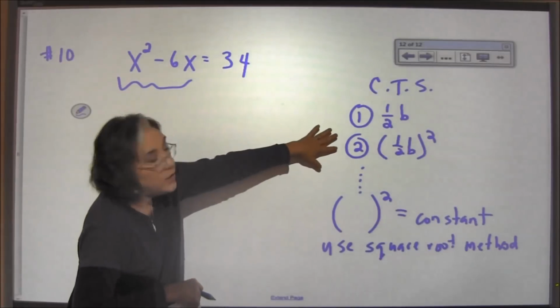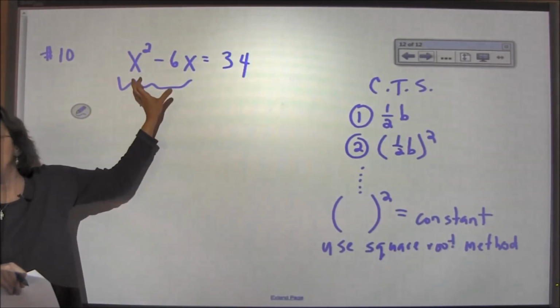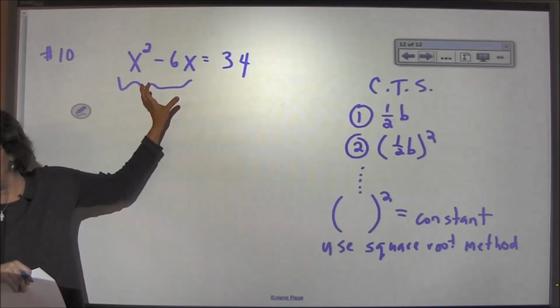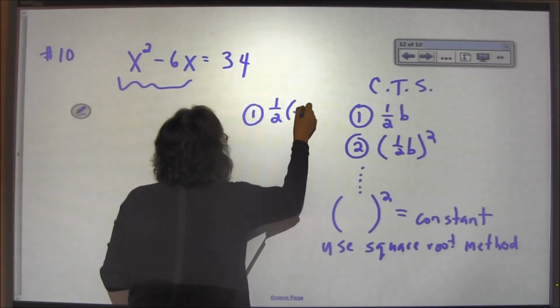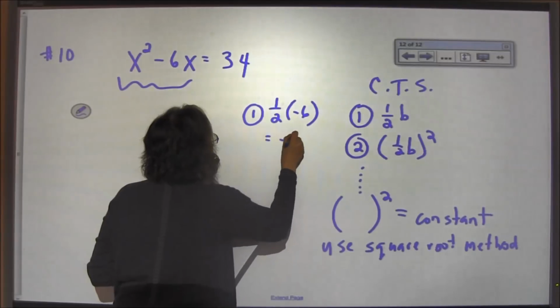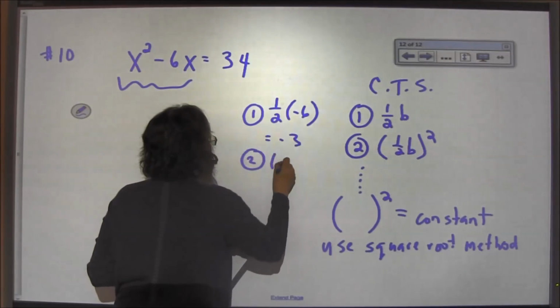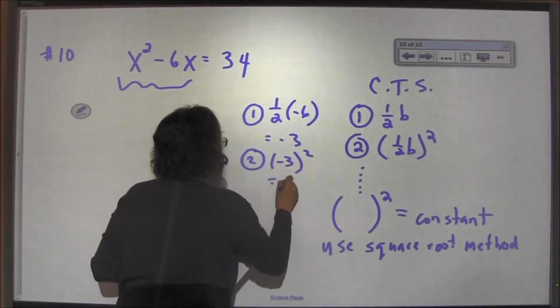Okay, so now we're going to turn this into a perfect square trinomial. I take half of negative 6, which is negative 3, and I square that. That's 9.